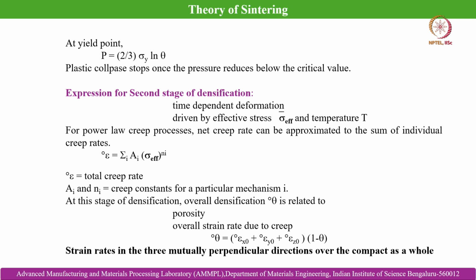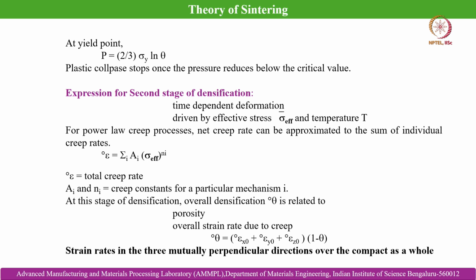So, the expression for the second stage of densification: a time dependent deformation driven by effective stress sigma effective bar and temperature T. For power law creep processes, the net creep rate can be approximated as the sum of the individual creep rates.